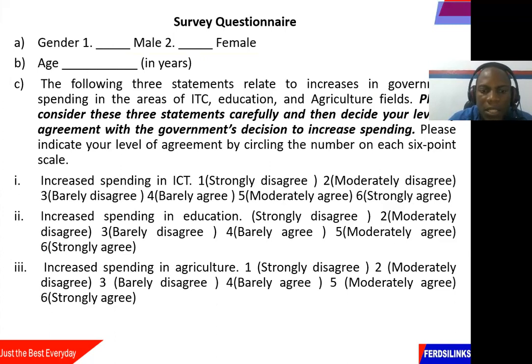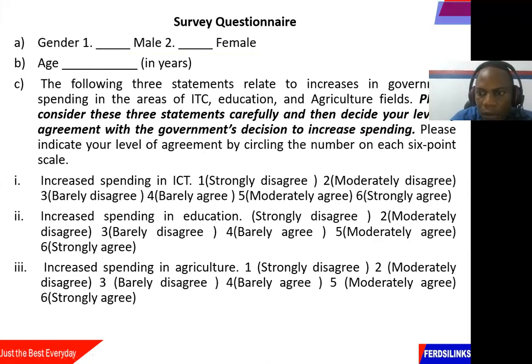And the last objective is to ascertain the extent to which Cameroonians agree that the government should increase spending in the domain of agriculture. So let's assume that this is your questionnaire that you've used to collect data.